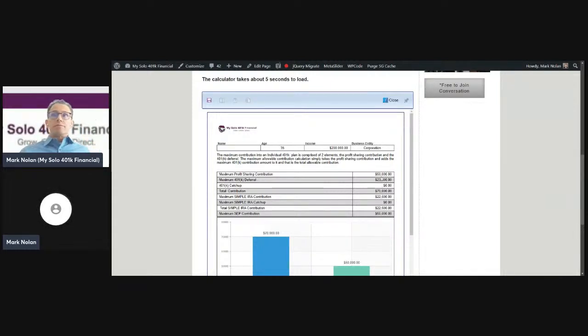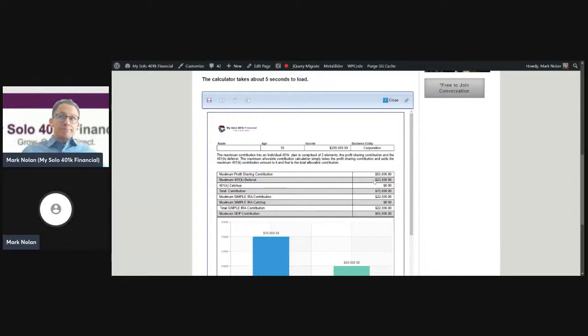So here you're going to notice that if we add 50,000 plus 23,500, that's going to give us $73,500. Well, you can't contribute more than the allowed contribution amount for tax year 2025, which is $70,000.